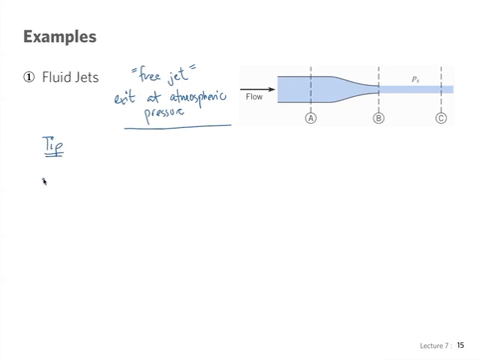the most useful tip that you can apply here is to use gauge pressure. Use relative pressure with respect to atmosphere, because then of course the pressure at the exit is going to be 0, and some of your equations will simplify. So use gauge pressure for any problem like this, when calculating forces.